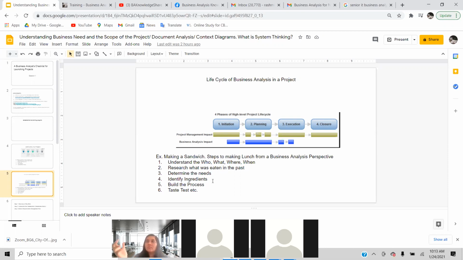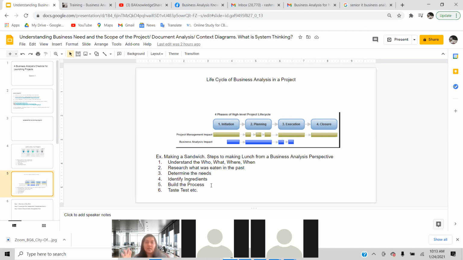I don't know, meat? So you'd identify the ingredients with the help of your guests, and guests equal stakeholders, and you'll hear the word stakeholders a lot. You build the process. You help build the ultimate process. All right, when the guests come in, they're going to hang their coats up, then they'll go into the dining room.